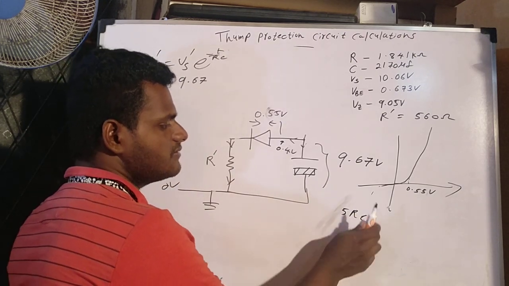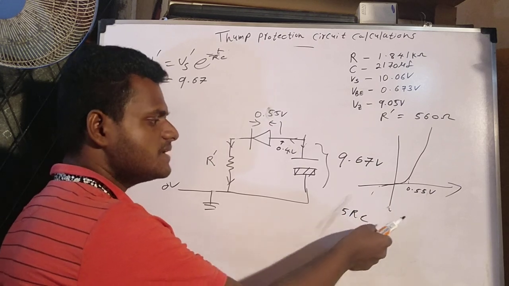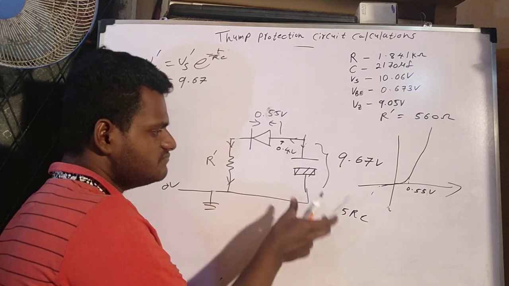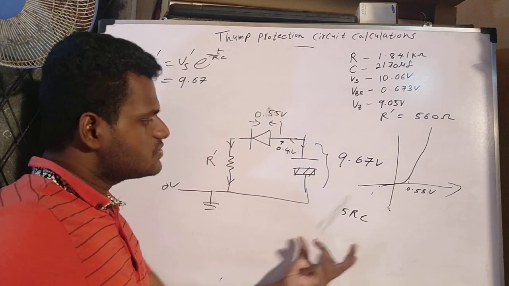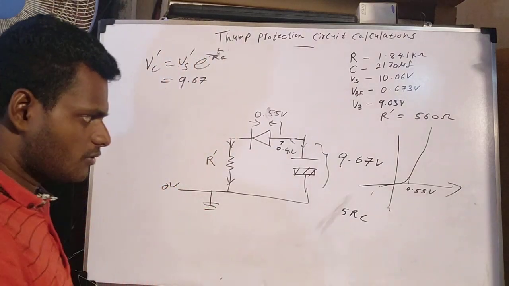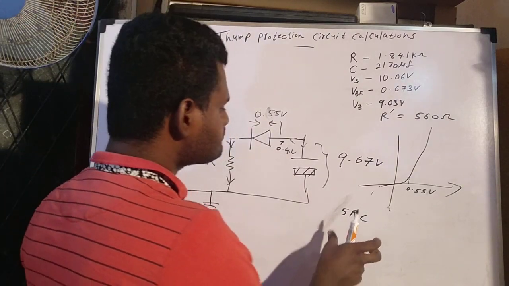But it doesn't exactly depend on 5 Rc, because there is a diode, so it's some other reason. Somehow it's near to that one. We take it that way, but not perfectly.